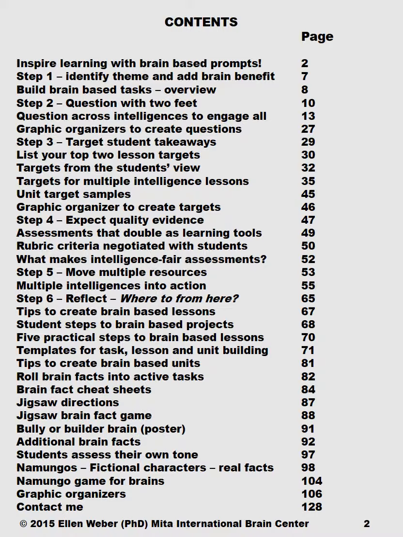So if you choose to file the materials, which are student-ready materials, into a binder, then this table of contents will allow you to move from page to page and back and forth as your schedule desires.